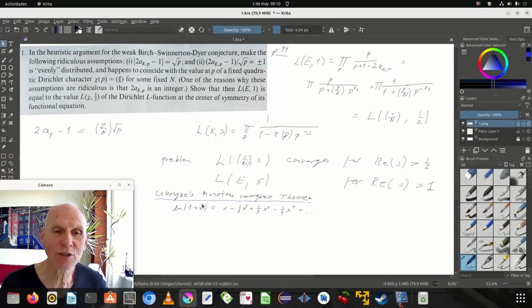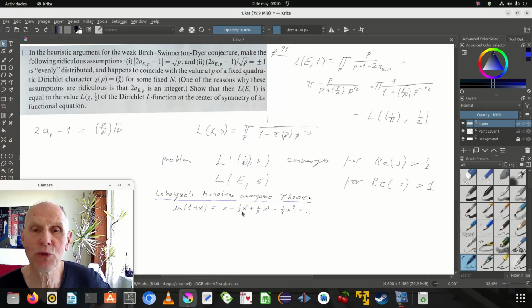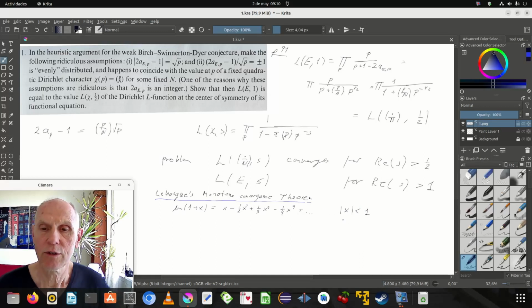Going back to ln 2, the natural logarithm of 2, we have this series for the logarithm of 1 plus x, and for x numerically smaller than 1, it converges absolutely and uniformly on bounded subsets or compact subsets.